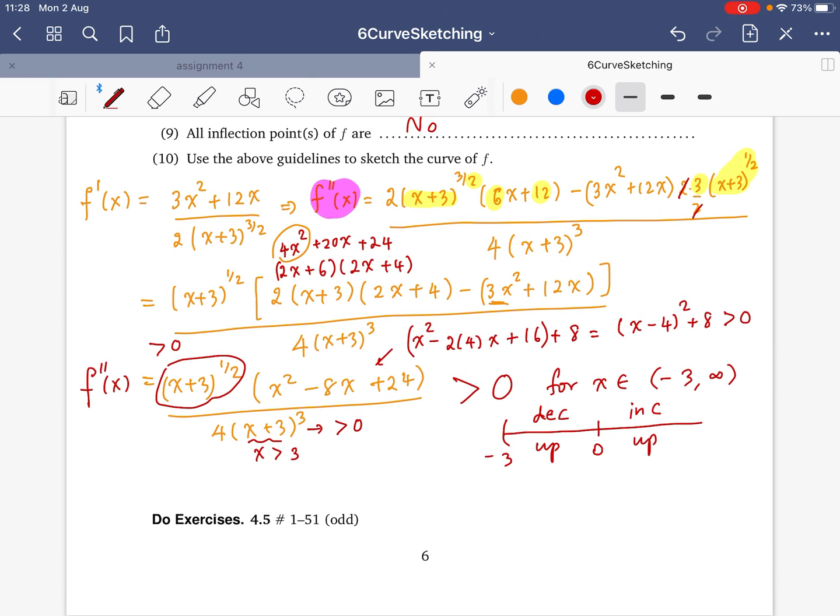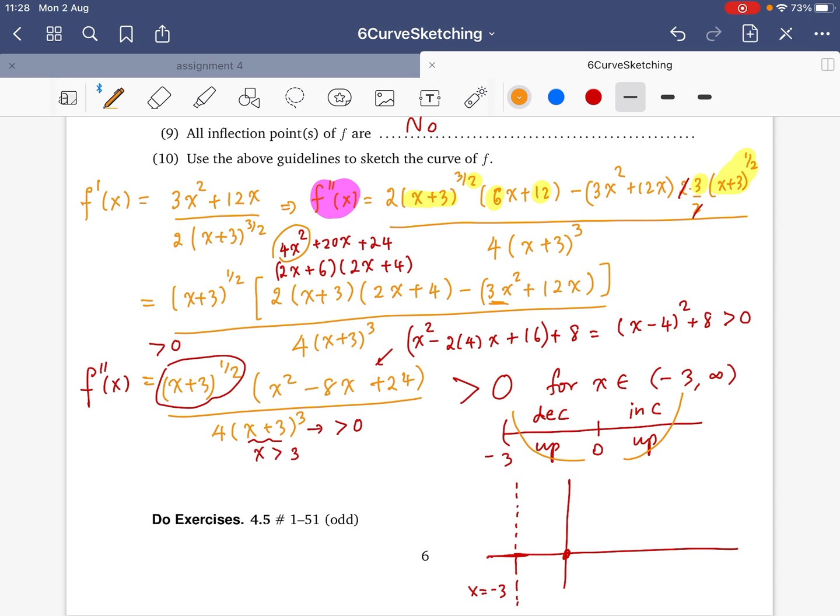So if you really want to draw it, here at x equals -3, and it must pass through this point. Because decreasing and concave up, it looks like this.